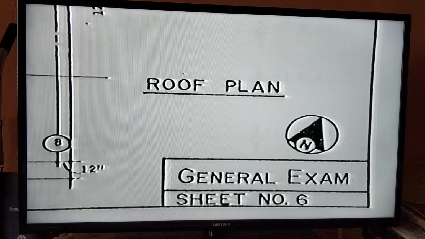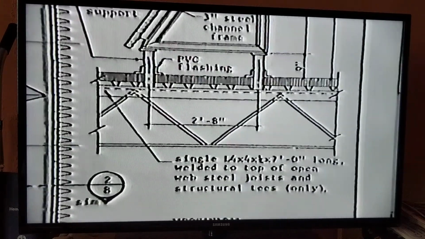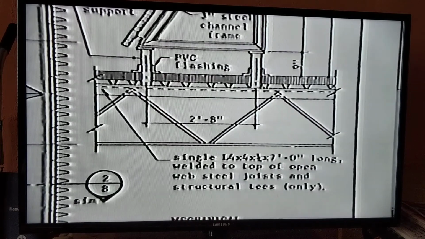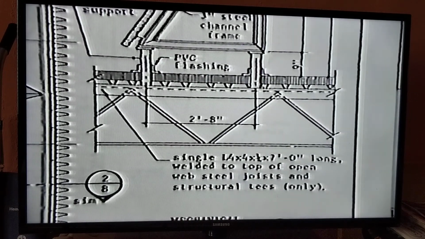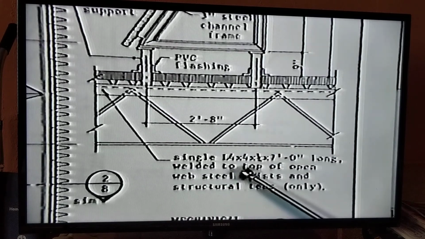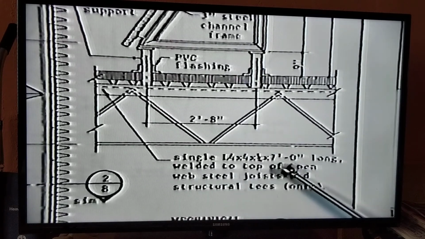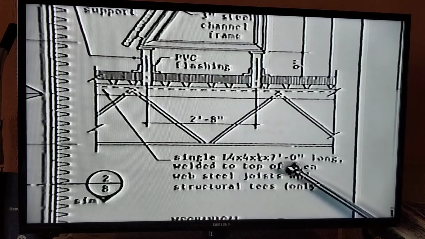Sheet number 6 is the roof plan. And we have a detail on this sheet that is somewhat unfamiliar to most of us. And they're talking about an equipment screen or mechanical equipment. But what is significant about this detail is it refers to a single L4 by 4 by 1/4 angle 7 feet long.